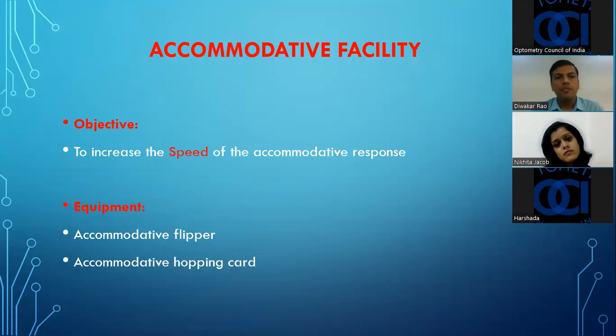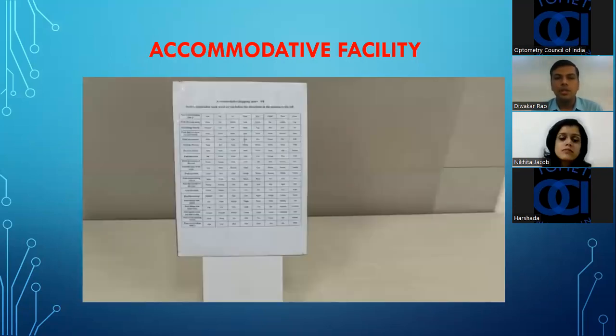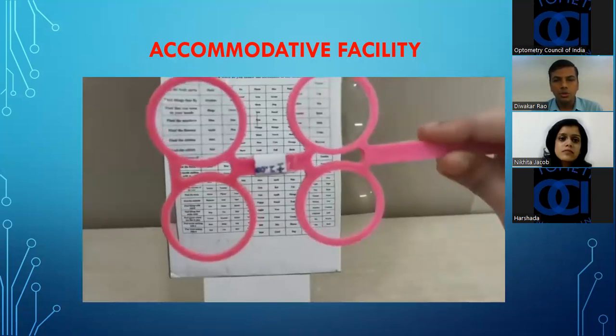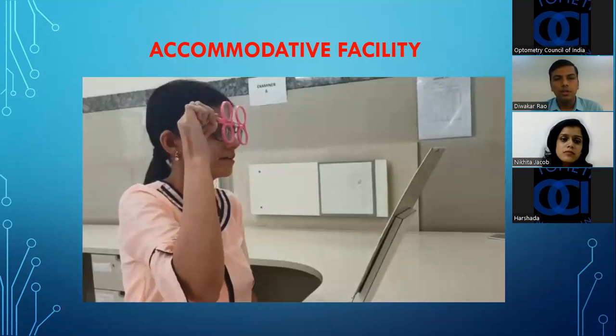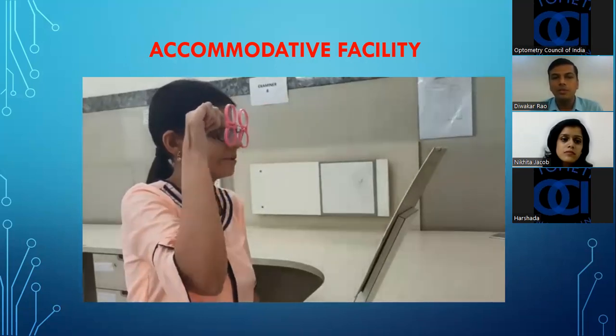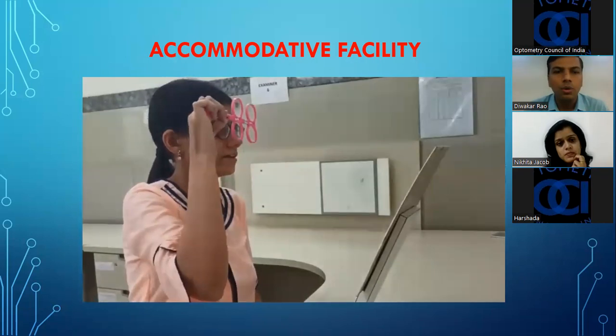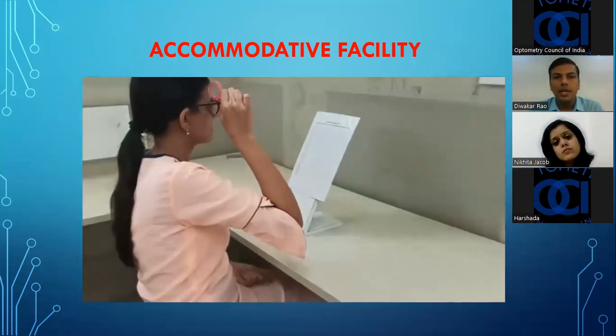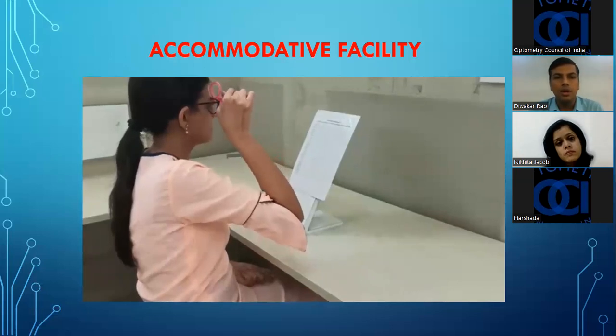Then accommodative facility, which is the speed to relax and stimulate accommodation. You require an accommodative flipper and also a hopping card. This is the hopping card, and here the subject is holding a flipper. This is a plus or minus 2 diopter flipper. You can start with the lower dioptric flipper and then go on to the higher ones, and ask the subject to relax and stimulate the accommodation.